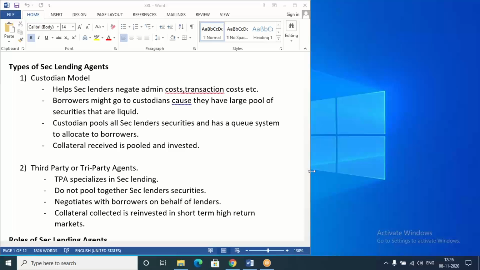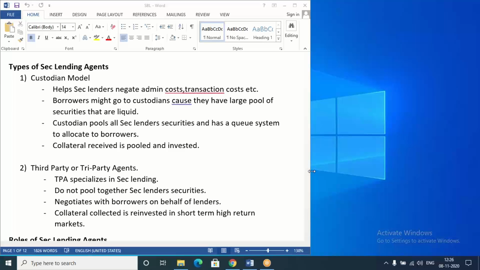Yes or no? 1 plus 1 plus 0.5, 2.5 million Apple shares, which I can loan on behalf of the lenders. Now I have borrowers. Let's say Prabhakar wants to borrow 100,000 shares. Let's say Nikhil wants to borrow 1 million shares. That's a total of 1.5 million.